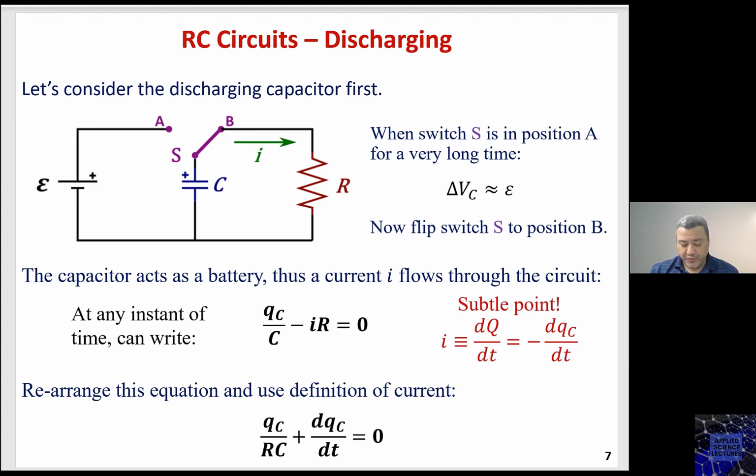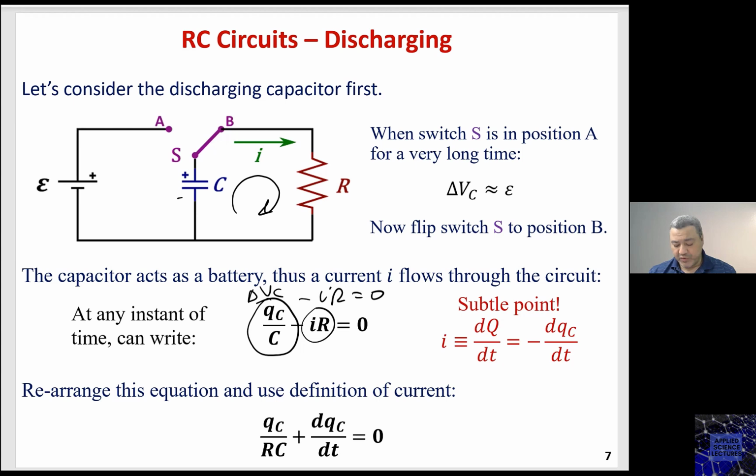Again, if you write KVL, then you have minus here, you have positive delta VC, you have minus IR equals 0. And this delta VC is QC divided by C, minus IR.